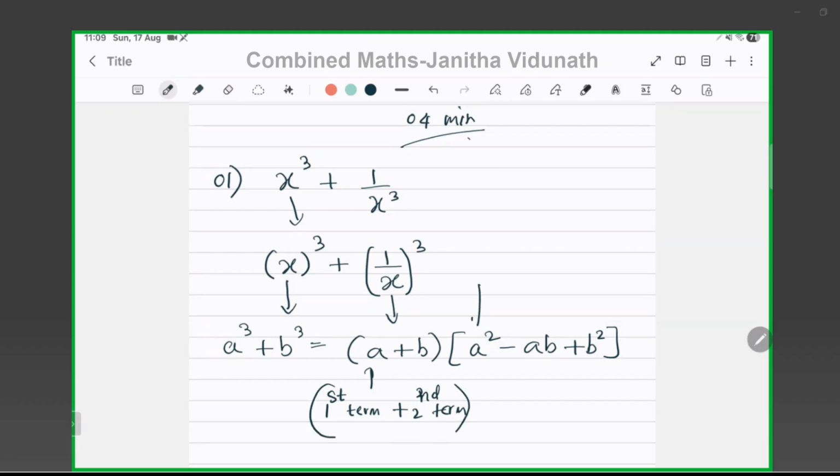Then we have the square of the first term, then the opposite sign and the multiplication of first term times second term, and finally we get always positive sign and the square of the second term.